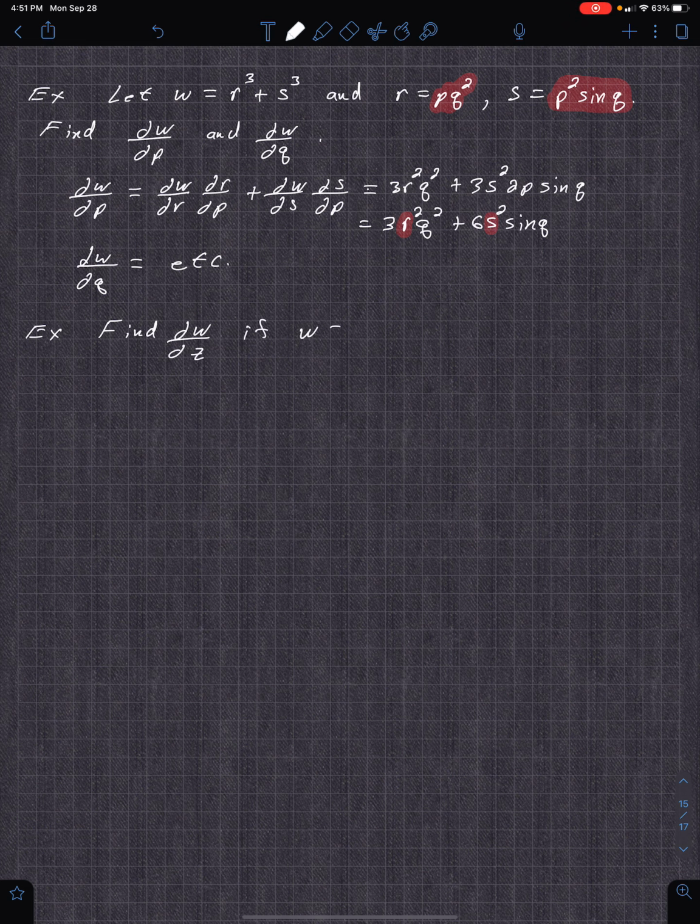So this is basically w is a function of r, s, v, and t, each one of those. So when I simplify that, I got to give you each one of those. So I'm going to say r is x squared plus y squared plus z squared. S is x y z.